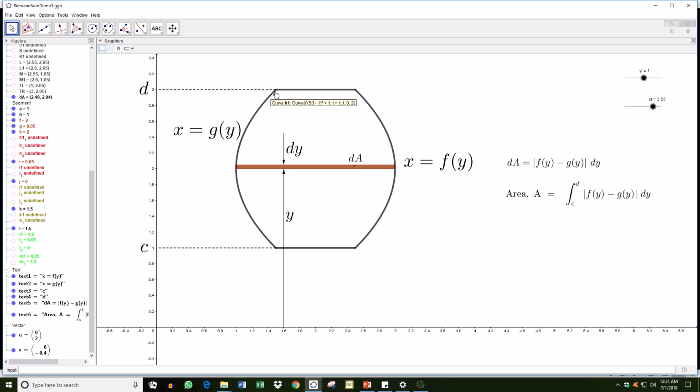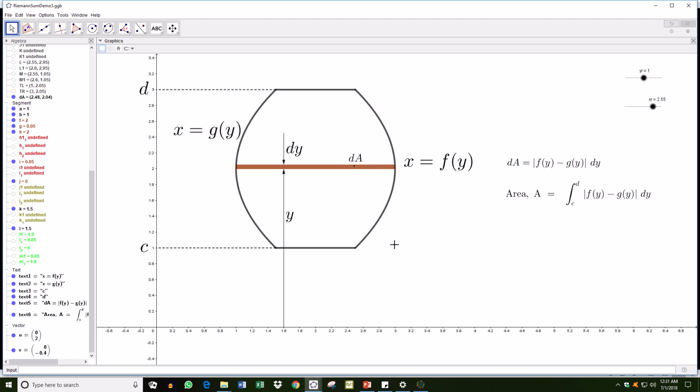That's a small difference. We are integrating along y, so we are integrating from bottom to top, and so the bottommost point has a y value of c, right? And the topmost point has a y value of d. So in the integral, we see y equals c to y equals d.